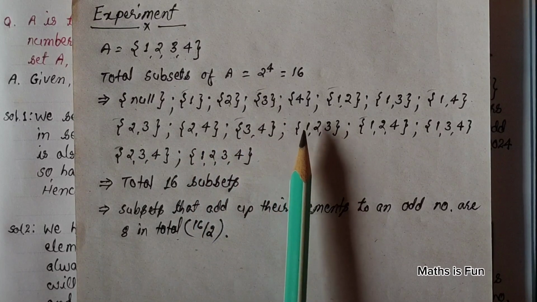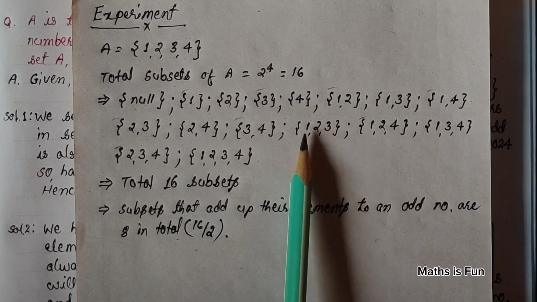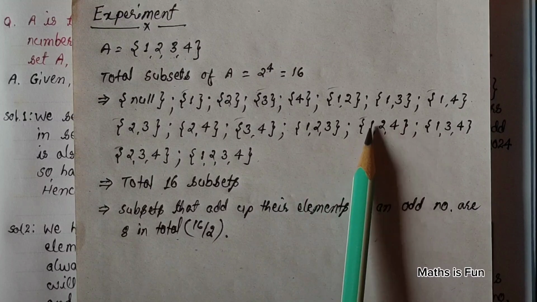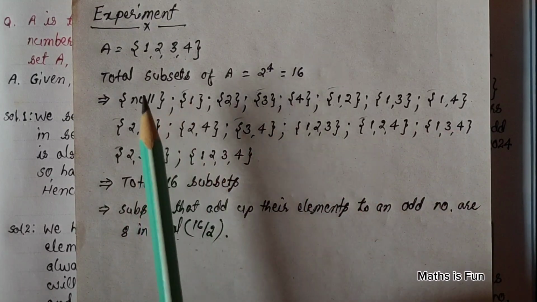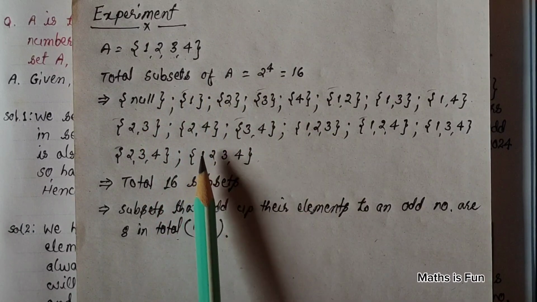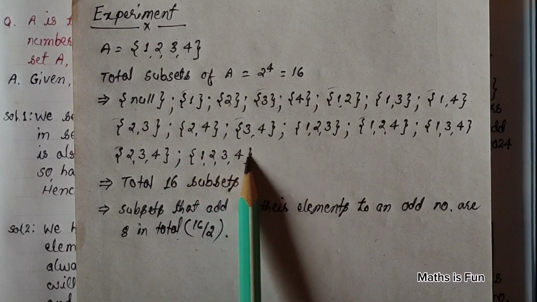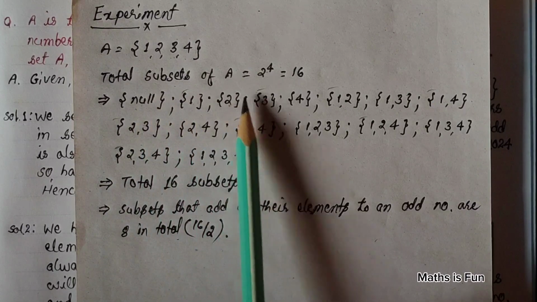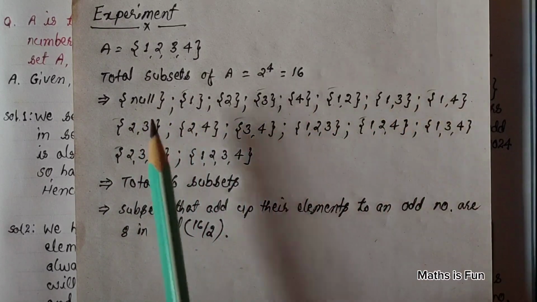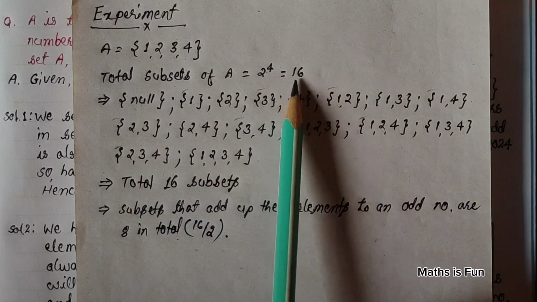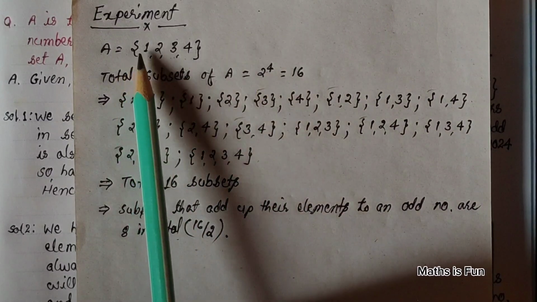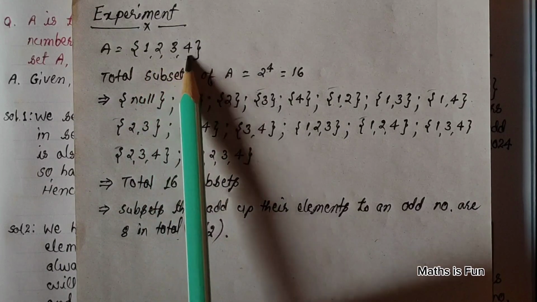Then we can take 3 elements in our subset: 1, 2 and 3, then 1, 2, 4, 1, 3, 4, 2, 3, 4. And then we can take all 4 in our subset. Only one such subset can be formed, that is 1, 2, 3, 4. Now let's count: 1, 2, 3, 4, 5, 6, 7, 8, 9, 10, 11, 12, 13, 14, 15, 16. So a total of 16 subsets can be formed from this set A containing 4 elements.